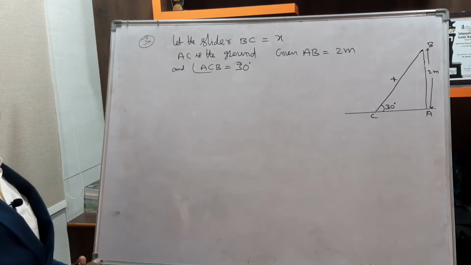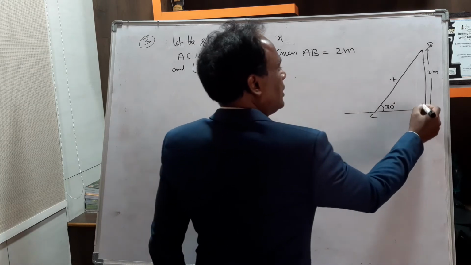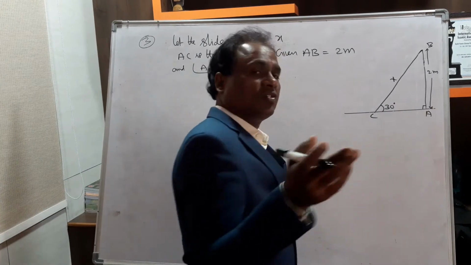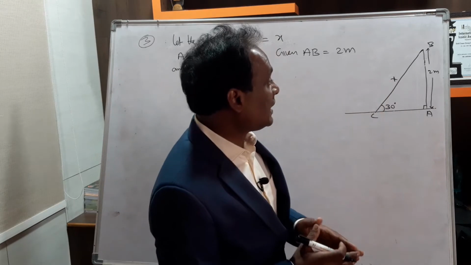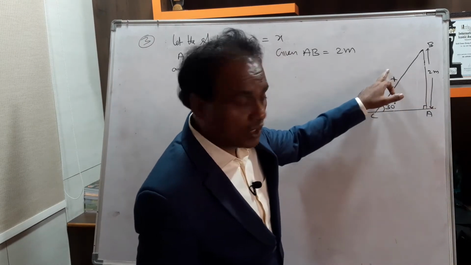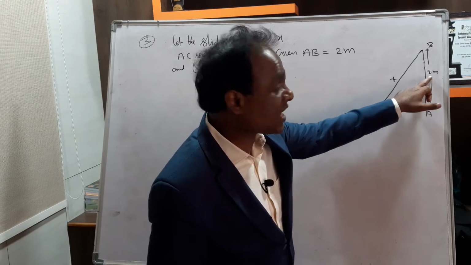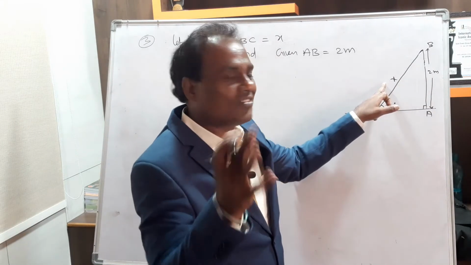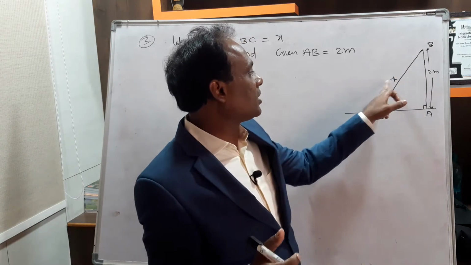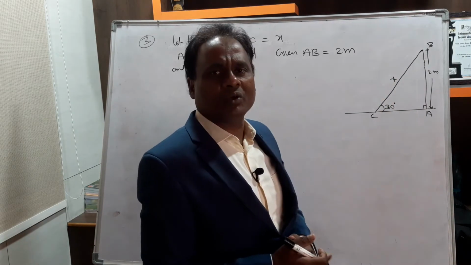So use the trigonometric ratios. This is a right angle triangle. Which ratio do we take? We have 6 trigonometric ratios. Which sides are we dealing with now? This side and this side. For this angle, this is called the opposite side and this is the hypotenuse. The ratio dealing with opposite and hypotenuse is sin theta.